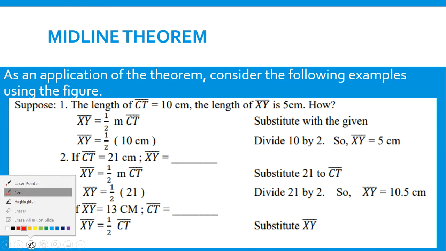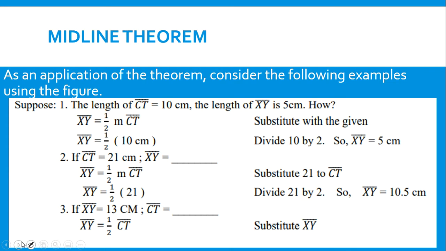Okay, so let's change the color of the pen. Light blue. Let's go back to the problem. Number 2: if CT equals 21 centimeters, XY equals blank.